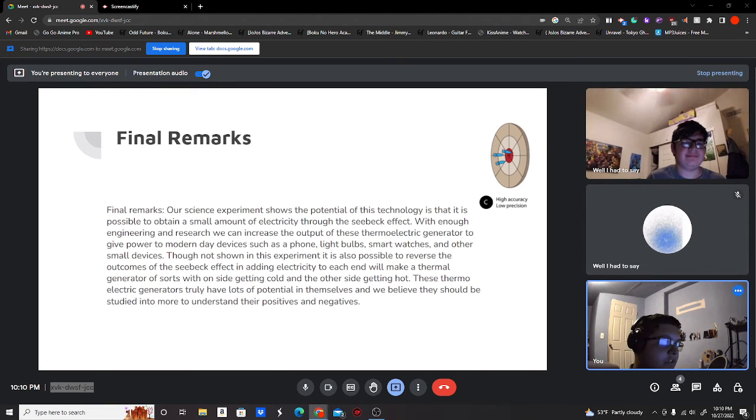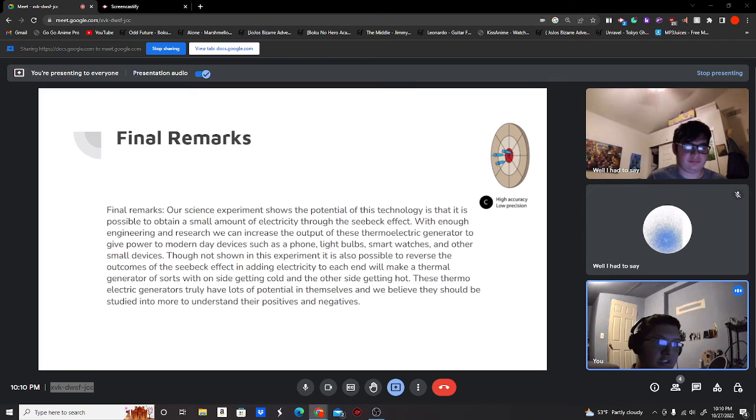So our science experiment shows the potential this technology has for producing a small amount of electricity, and it can also be added that these devices can be paired up with other ones, so you could get more voltage if you add more and more on each other. Our demonstration was a very small example of just one lead. We could do the same thing with many leads, and we would increase the voltage as we increase the heat and the cold.